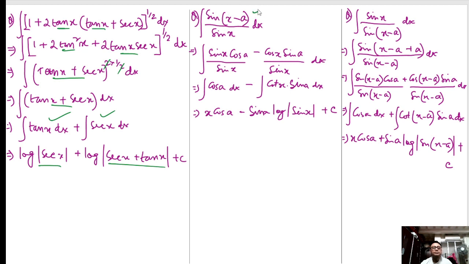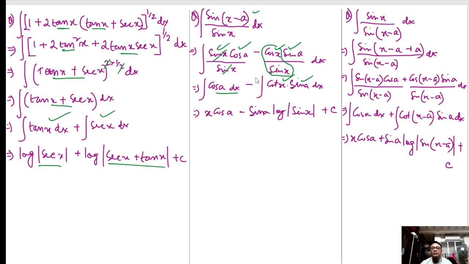In this sum, sine x minus a by sine x. So see how x minus a can be written: it is sine a minus b, so sine x cos a minus cos x sine a. Okay, so this and this will cut. So this will become only cos a, and this will become cot x into sine a.